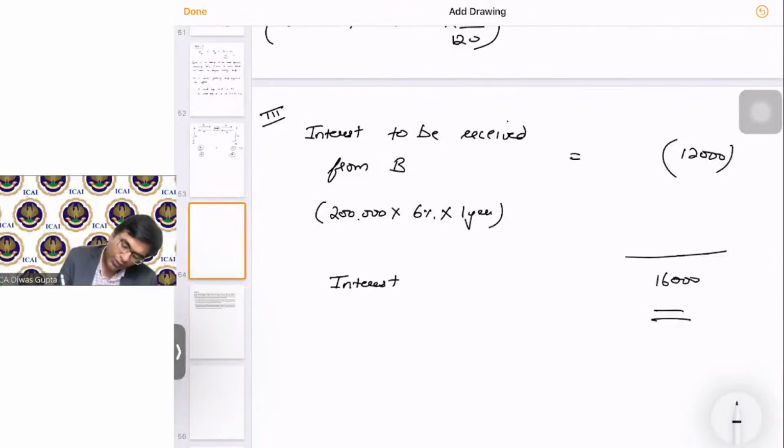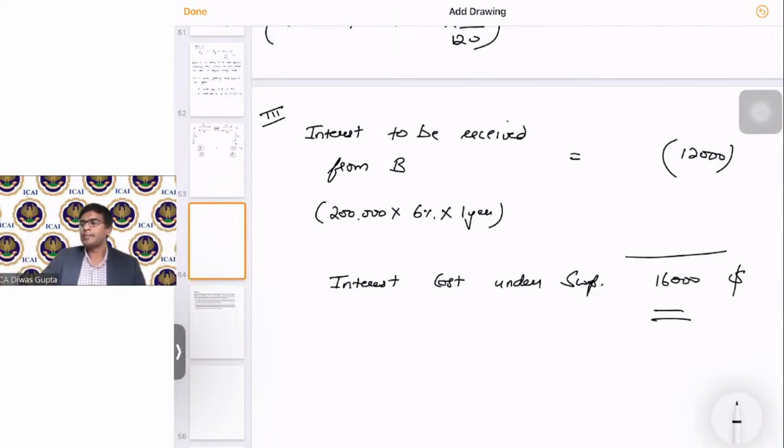Interest cost under swap is $16,000. So this is the interest cost under swap. If swap has been entered, this is going to be the interest cost.